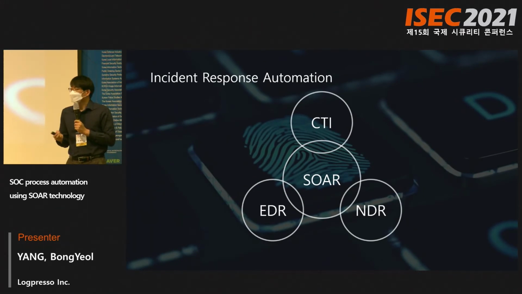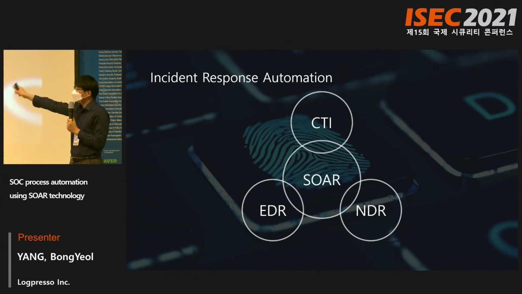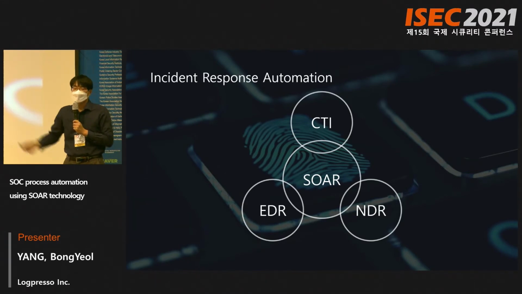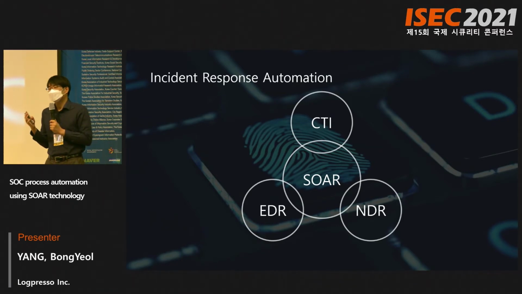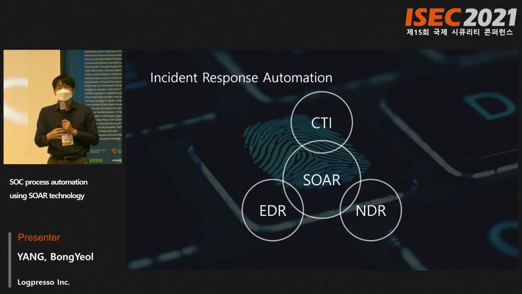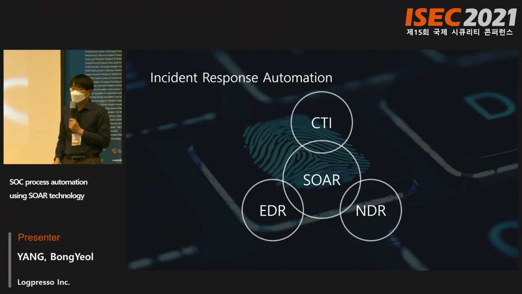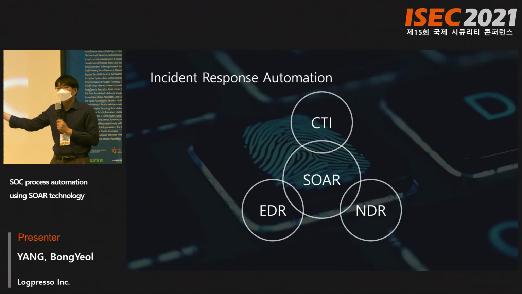So come to think about it, what we need is this. SOAR is at the center. SOAR cannot do the job by itself because SIEM has no such feature as forensics. So there's CTI, EDR, and NDR.